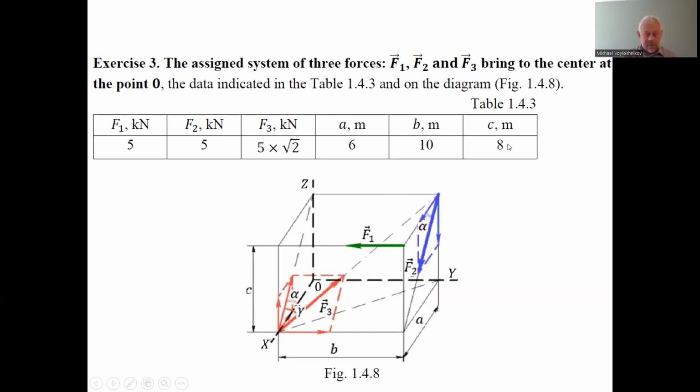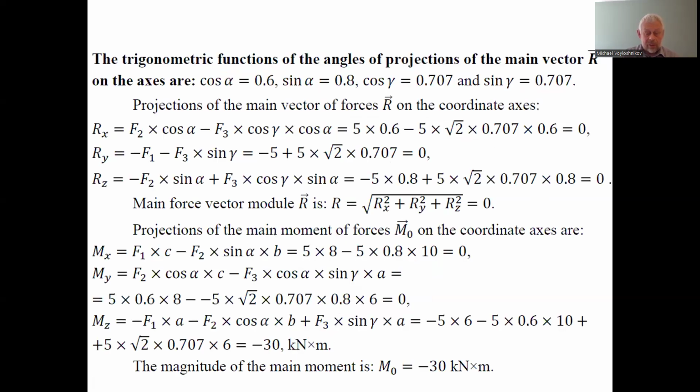And when we find the square root of 100, we find that the distance x-z, this diagonal, is 10. So we have a right angle triangle here. This leg is B, 10, and this leg is 10. So this angle gamma is 45 degrees, and the cosine and sine of 45 degrees are 0.707. So that's how we found the direction angles, sines and cosines.